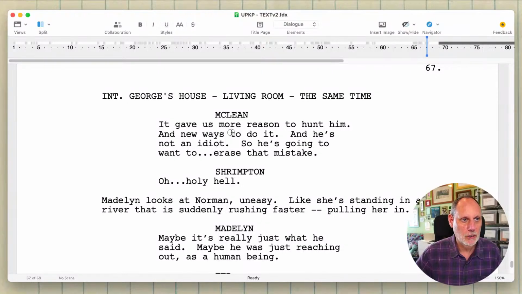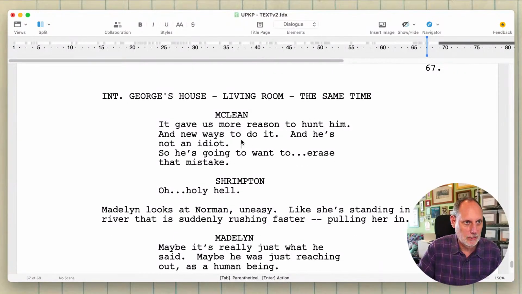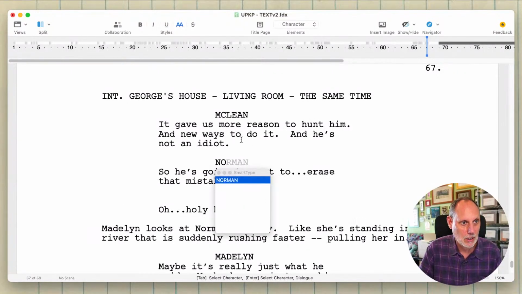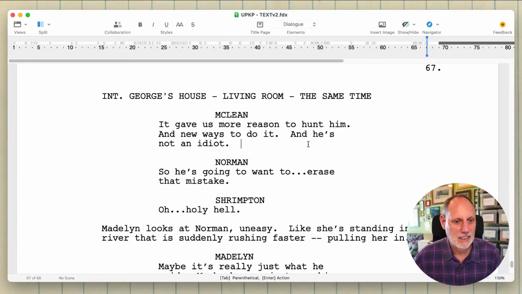Gave us more reason to hunt him and new ways to do it. And he's not in it, so he's going to want to. He's not an idiot. We're going to give this line to Norman, who has not spoken enough. Look at that. Okay.